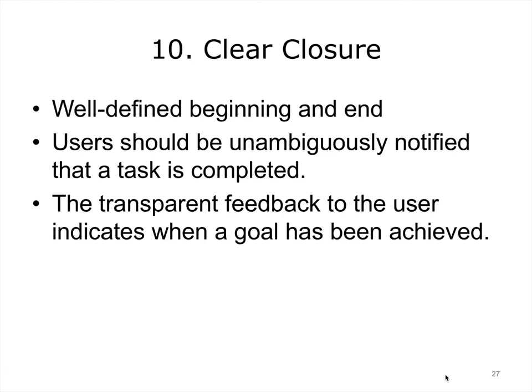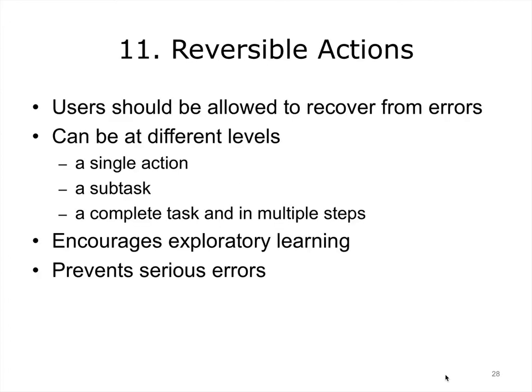The transparent feedback to the user indicates when a goal has been achieved and current stacks of goals can be released. Reversible actions means that users should be allowed to recover from errors. The reversible actions can be at different levels, such as a single action, a subtask, or a complete task, and in multiple steps. Reversible actions also encourage exploratory learning and prevent serious errors.